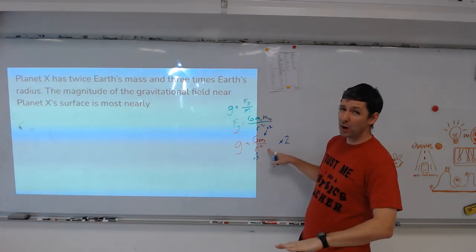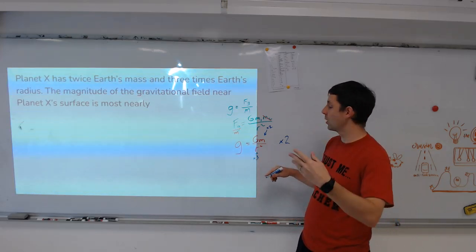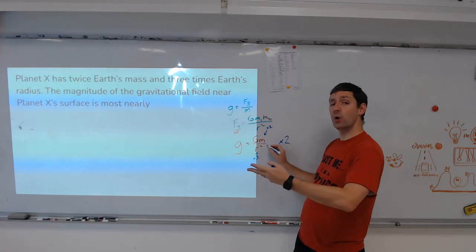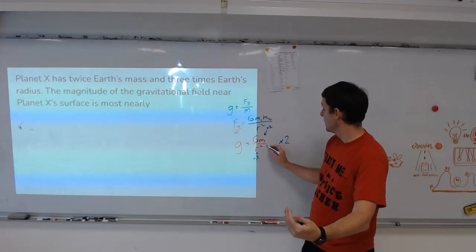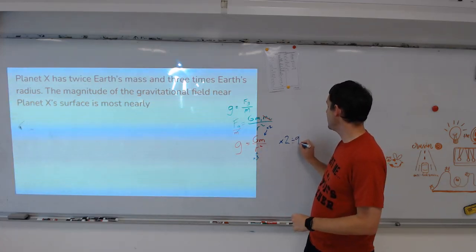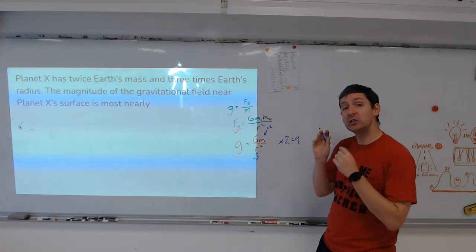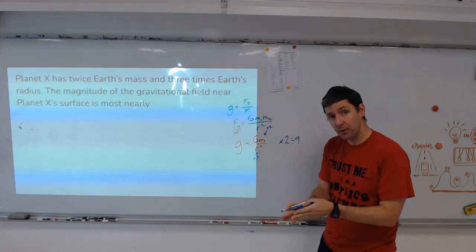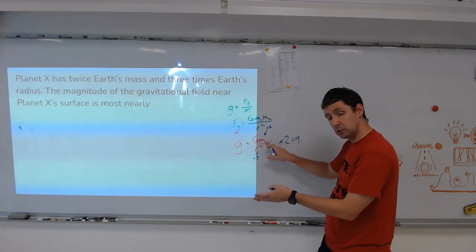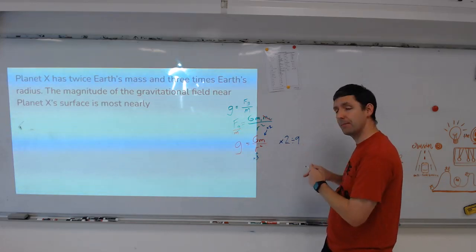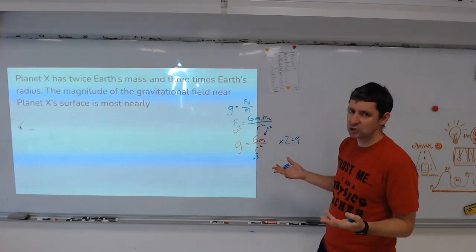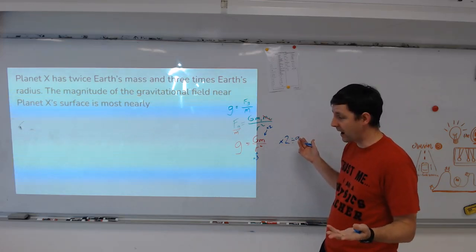But it's also squared, so 1 over 3, or if I do 3 squared, then I get 9. And so I'm going to need to divide by 9. And so once I do that, I can take my original g, the field of Earth, and then I can double it due to the mass, and then I can divide it by 9, or in other words, I'm going to essentially divide by 4.5.